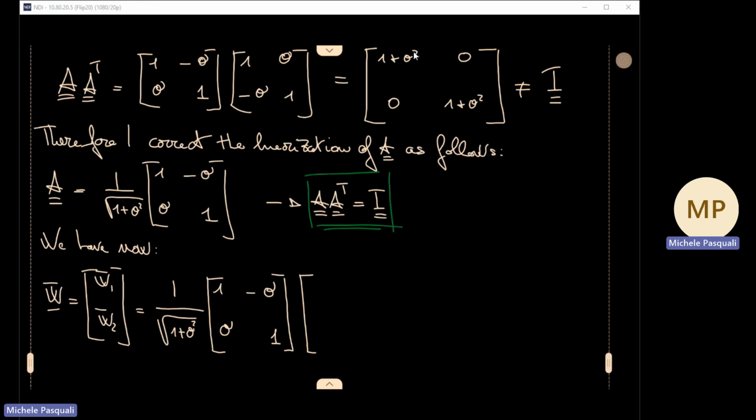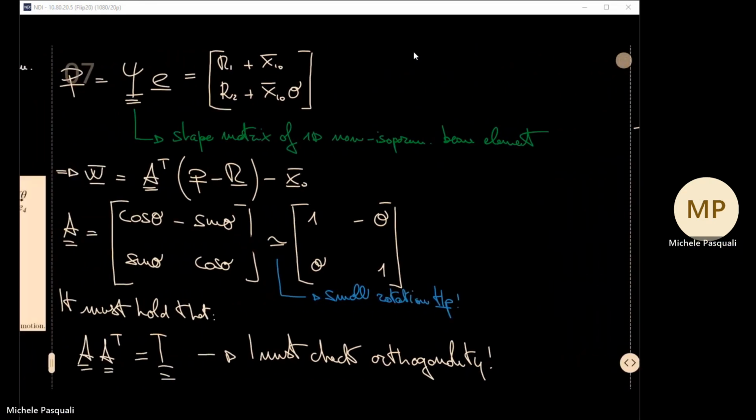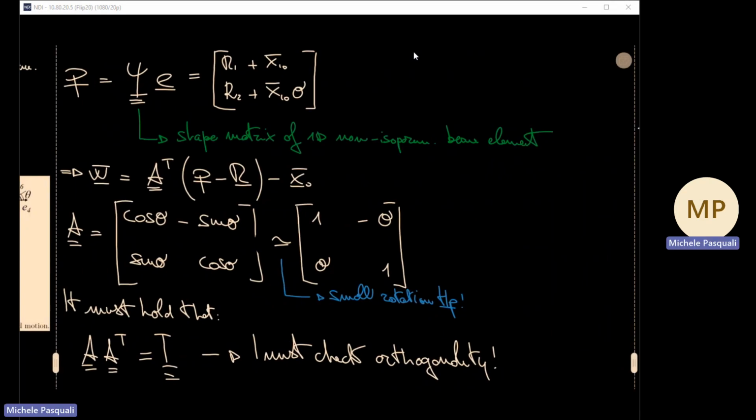Now I basically have to subtract R1 and R2 to this. So I'm left with x1 overbar and x1 overbar theta.